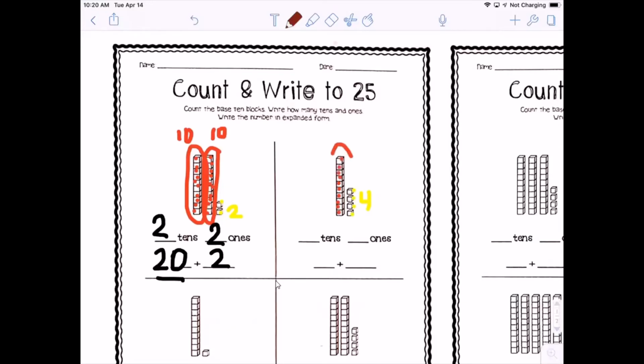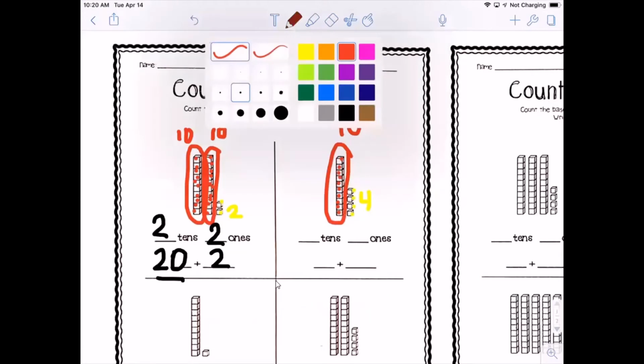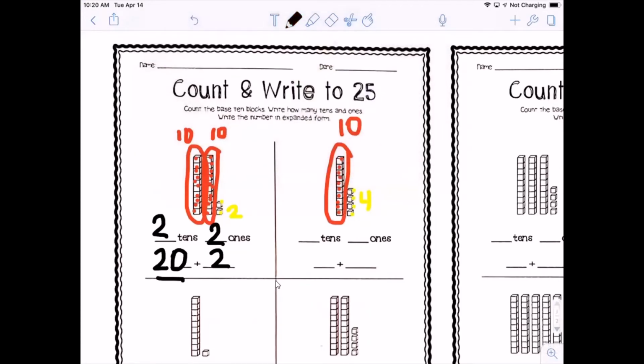I circle my 10 there, and I write 10 because I have one group of 10. Now I'm going to write it by tens and ones. How many tens do I have? I only have one group of 10. How many ones do I have? I have 4 ones.